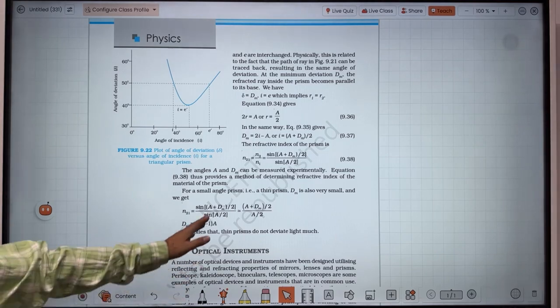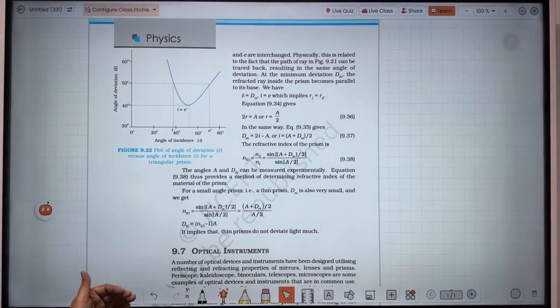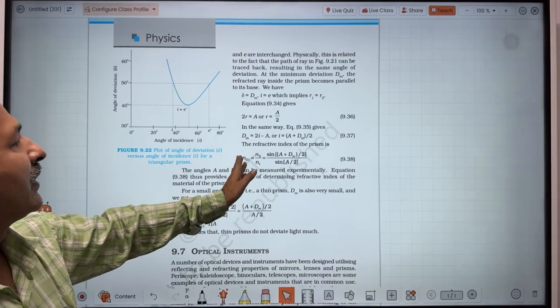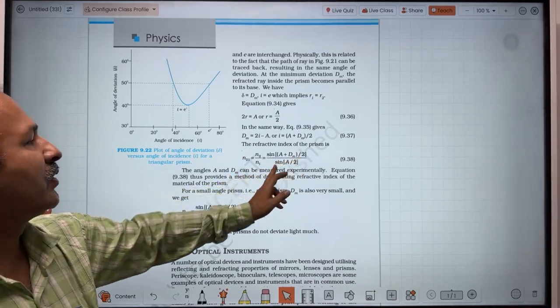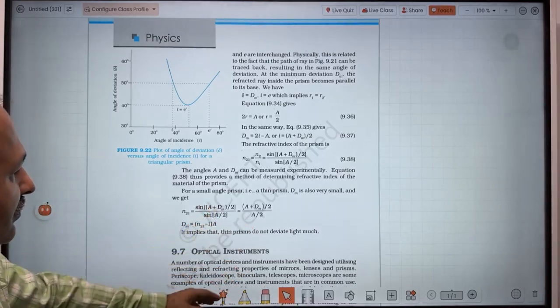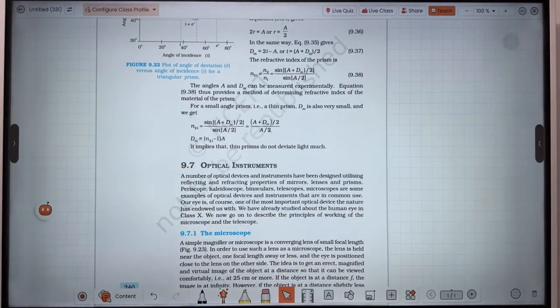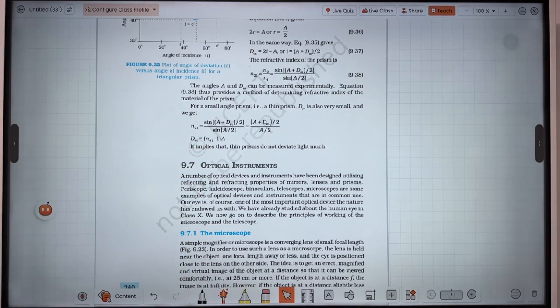Here we can make a further assumption if we say that the angle of prism is small. In that case sine theta can be replaced by theta, and we will get n equal to A plus delta m by 2 divided by A by 2. So after simplifying, we will get delta minimum equal to refractive index minus 1 times A.